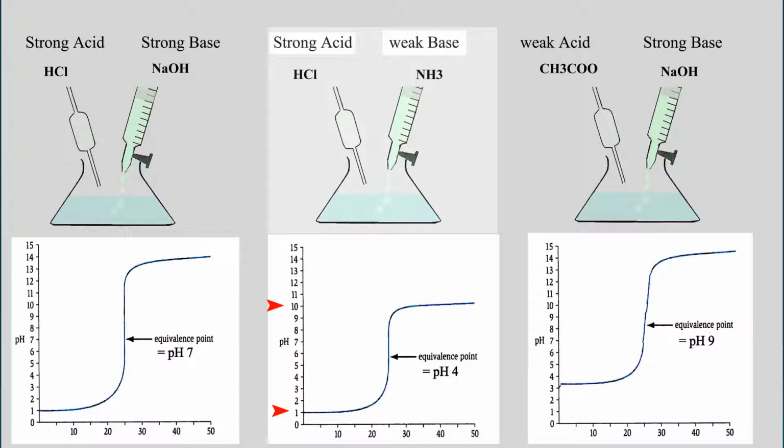Weak base will never reach 14. It will only reach about 10. So don't expect the equivalent point to be at 7. The equivalent point will be around pH 4.